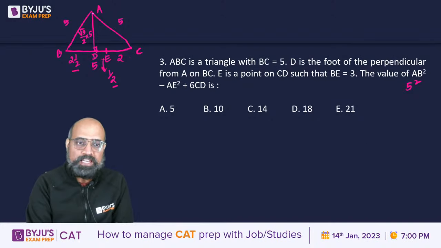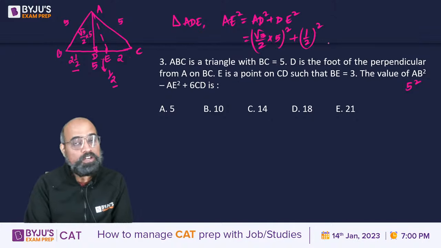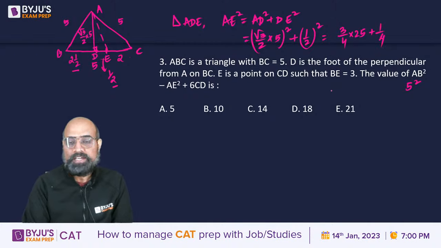AE, so we need to calculate this particular length. So from the triangle ADE, which is a right angle triangle, can we say that AE square is nothing but AD square plus DE square? Now AD is √3/2 times of 5, so we need to do the square of that. And DE is just half, so we need to take the square of that. So the first one is going to be 3/4 of 25 plus 1/4, right?